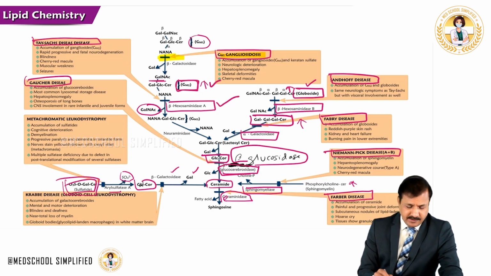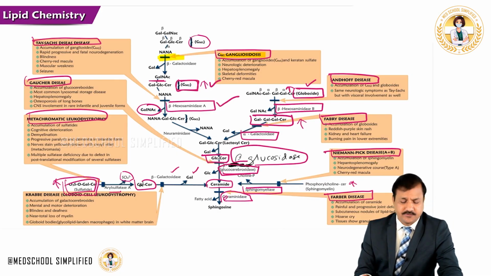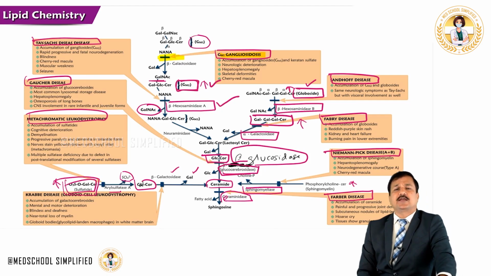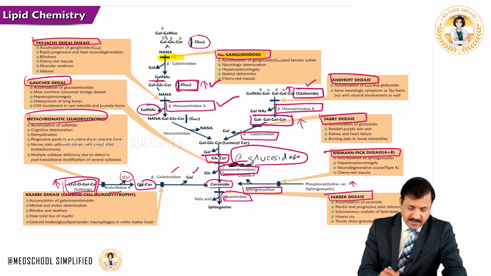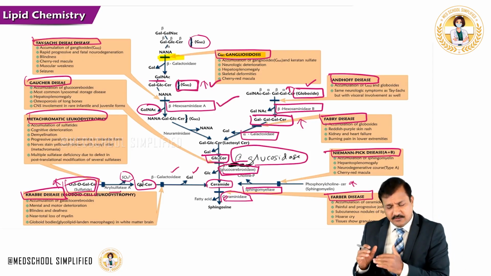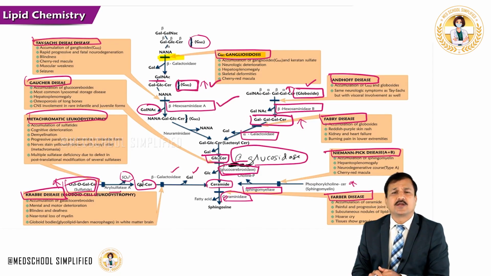So in this pathway, if arylsulfatase enzyme is deficient, it will lead to accumulation of sulfatides, and that leads to metachromatic leukodystrophy. Whereas if the beta-galactosidase enzyme, which handles galactosylceramide, is deficient, it will give rise to Krabbe disease. Like this, defect at various steps in sphingolipid degradation will give rise to a variety of sphingolipidoses.